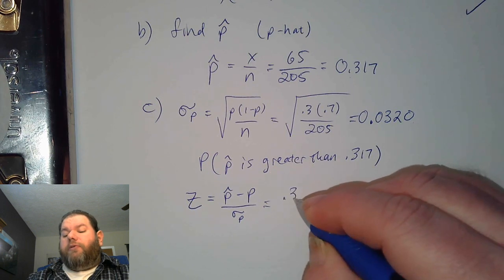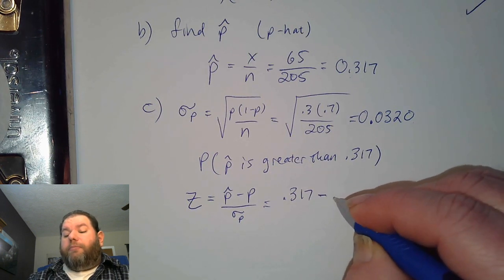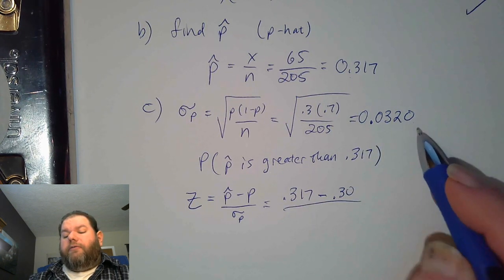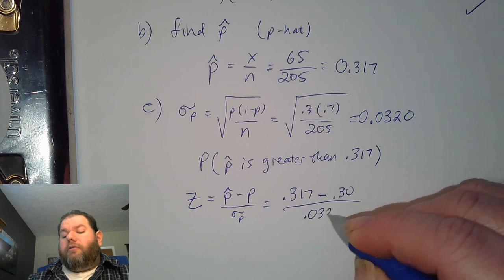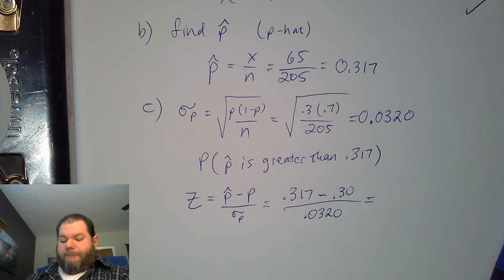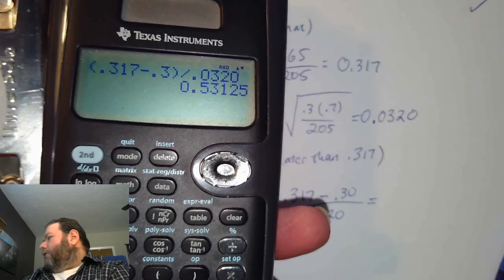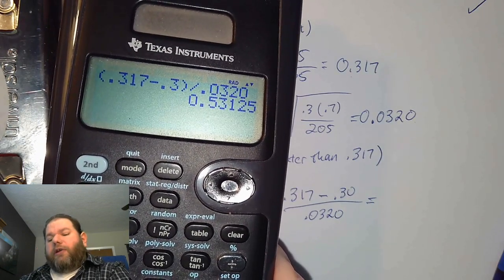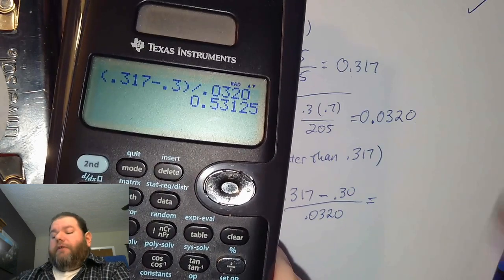So we'll put in 0.317 minus 0.30 for p, and sigma p was 0.0320. Alright, and so carrying out that arithmetic, we end up with 0.53 for a z-score.